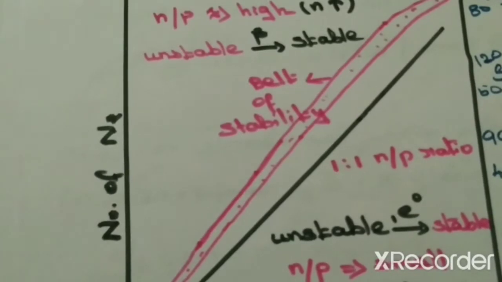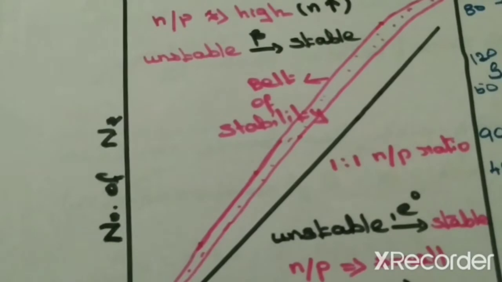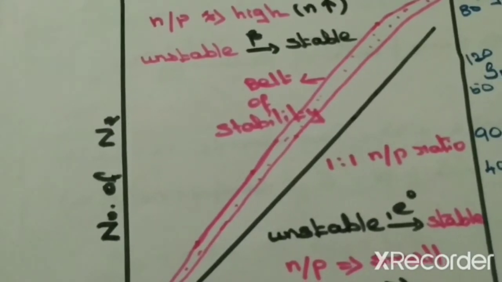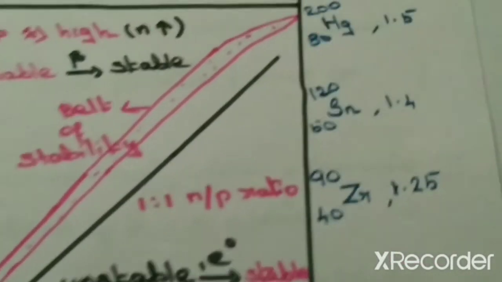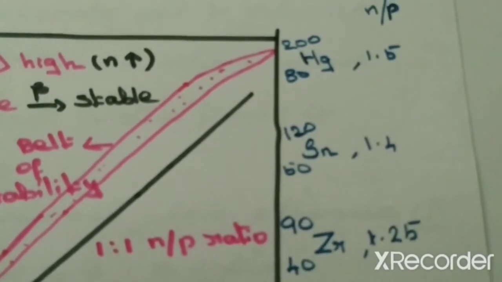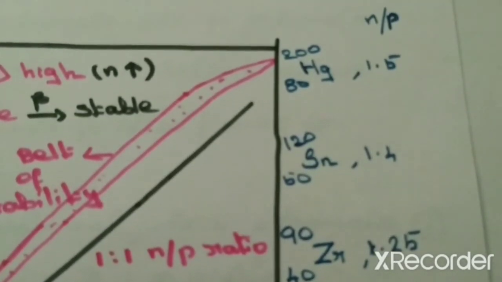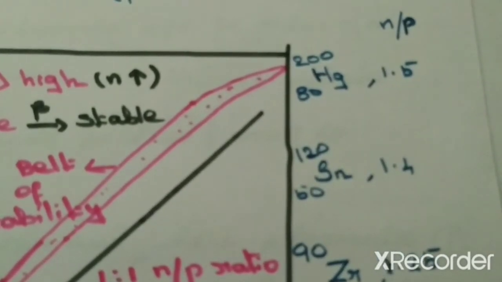That means the elements with atomic number up to 80 have the NP ratio value up to 1.5. For example, zirconium has an NP ratio of 1.25, tin has an NP ratio of 1.4, and mercury with atomic number 80 and mass number 200 has an NP ratio of 1.5.